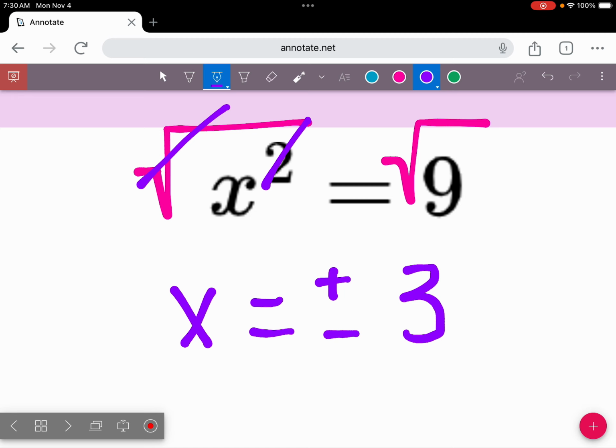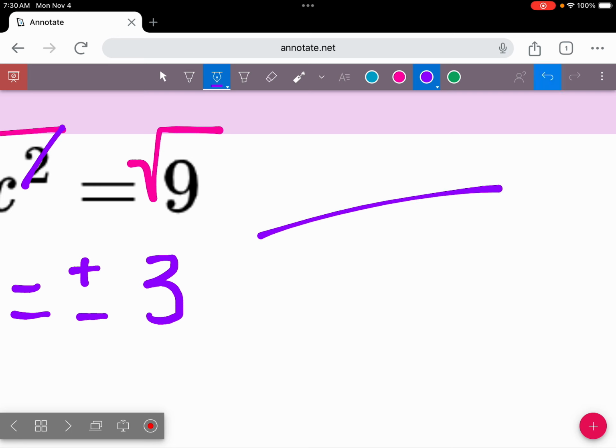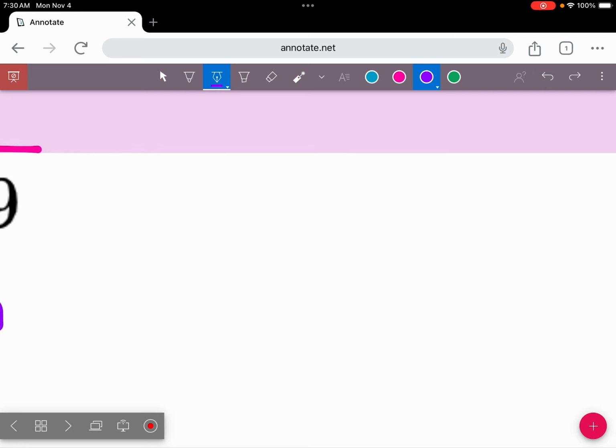Because it could be +3, it could be -3. That's what happens when we have those two solutions. We have two roots. So it's really important. We only do that when we're in equations. If we're just looking at square roots like we had in the bell work, we're not using the plus or minus there. But when we're in equations and we've done a square root to both sides, that's when we have to use the plus or minus.